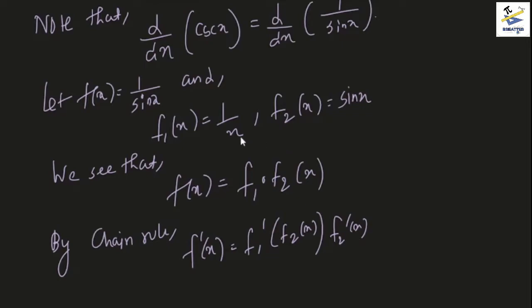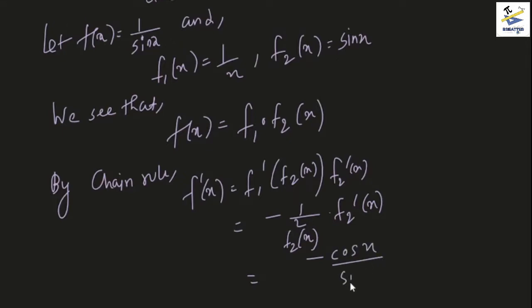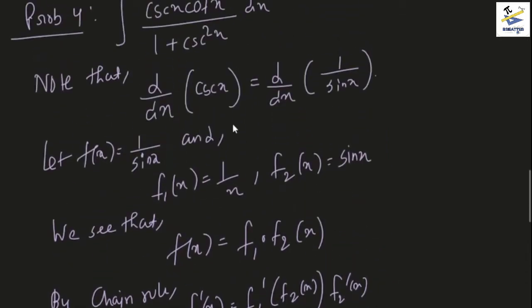Now we know that the differentiation for f1 prime x is minus 1 by x square, so this will give you minus 1 by f2 x whole squared into f2 prime x, which is basically cos x, and f2 x was sin x, so this becomes minus cos x by sin square x, which we can write as minus cos x by sin x into 1 by sin x, and cos x by sin x is basically cot x, and 1 by sin x is basically cosec x, so this becomes minus cosec x cot x. So the derivative for cosec x is just minus cosec x cot x.